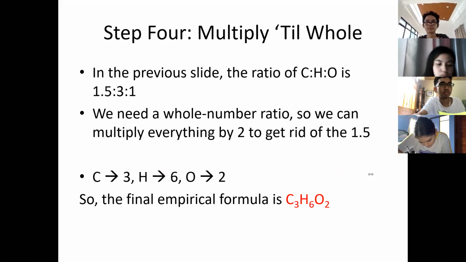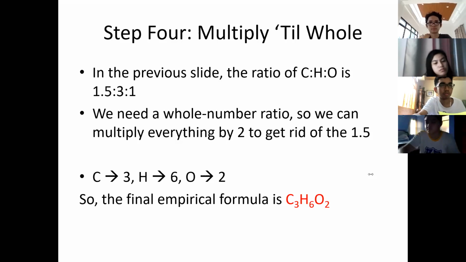If multiple decimals, sir? What do you mean by multiple decimals, Miggy? Like C 1.5, H 2.2, like that. 2.2 can be rounded down to 2. What if all the elements have decimal values? Then you multiply that decimal until you reach the simplest integral ratio, which is a whole number.